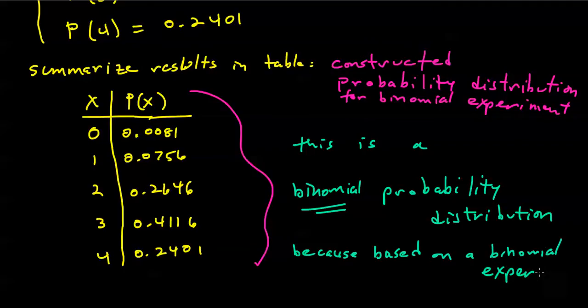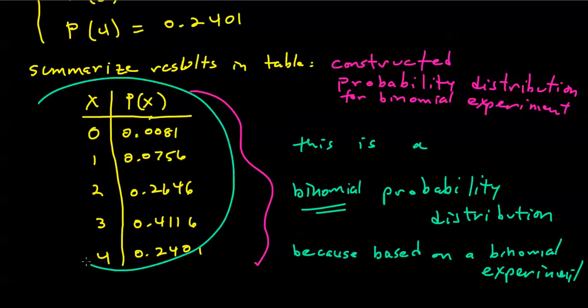Okay? Binomial distributions look a lot like other probability distributions. It's almost impossible to tell by looking at a table of values like this whether it's binomial or not. Please be aware of that.